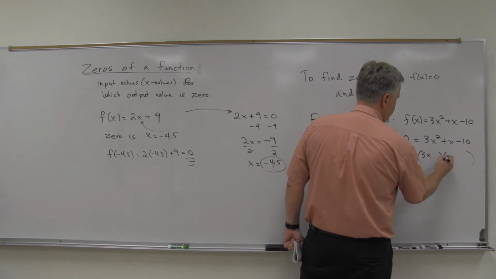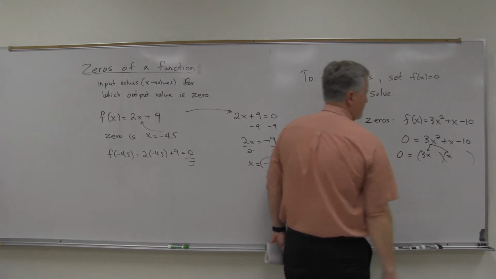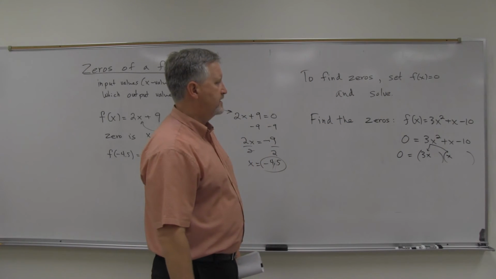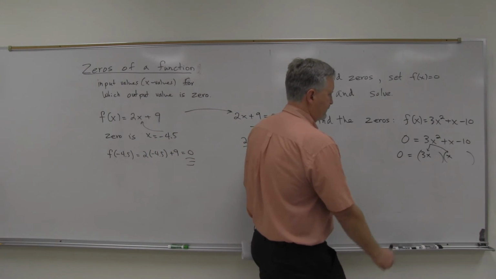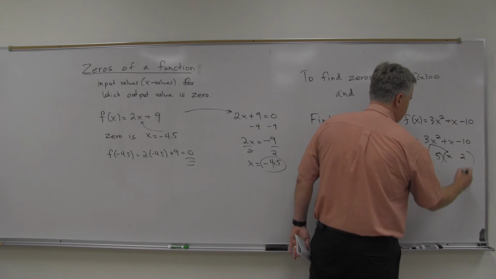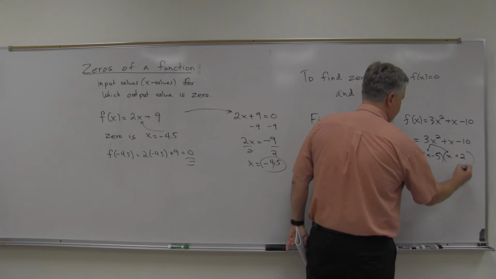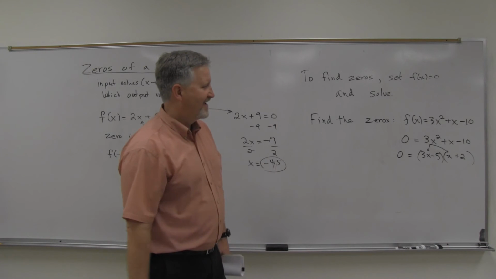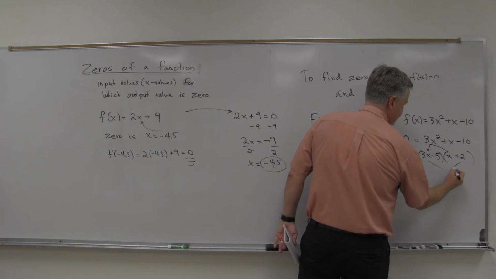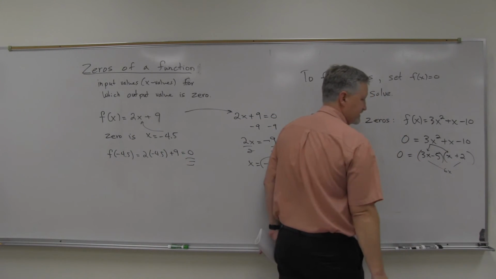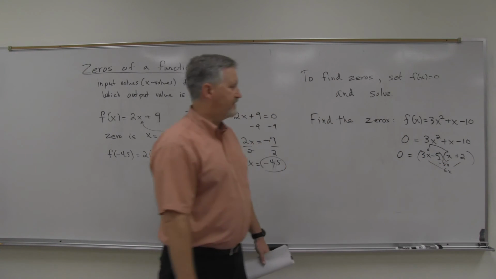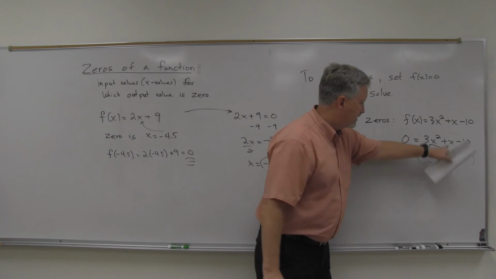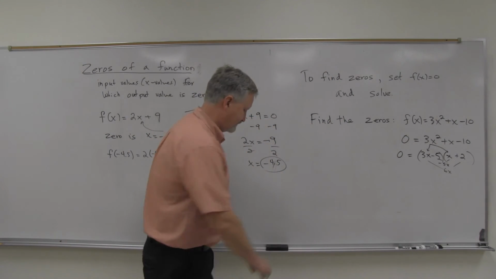So it'll be 3x and x for 3x squared. We got minus 10: 5 and 2, 10 and 1, about the only ones, right? Let's try 5 and 2, maybe 5 here and 2 here, and a minus and a plus. How do I know that's right? Well, 3x times 2 is 6x, and then minus 5 and x is minus 5x. What do those add to be? 1x, yeah. That's how I know that's right.